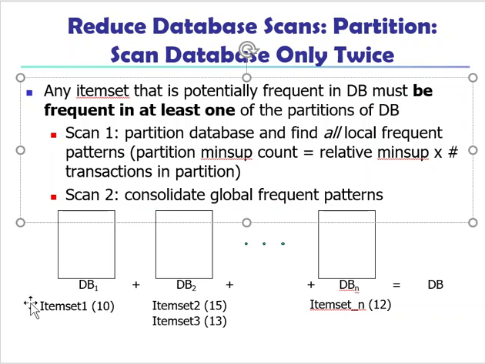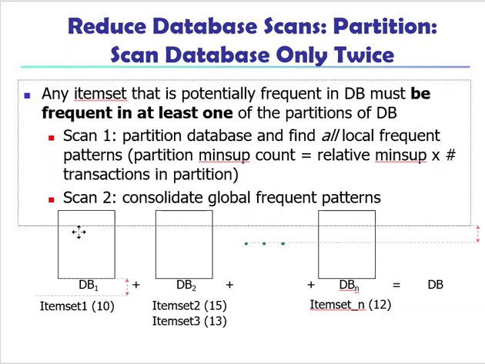Then we can combine those together and do the second scan to find their counts and drop the items that are not frequent globally. Okay, so that's the intuition. That can help reduce the number of database scans needed. Scanning a smaller part is much more efficient than scanning the entire database.